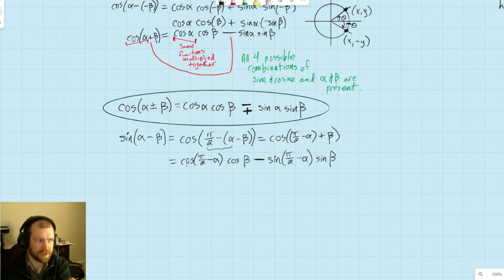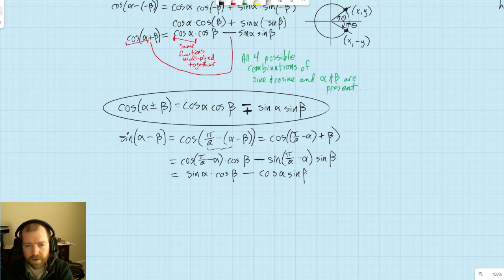And again, we use the cofunction identity to say that the cosine of pi over 2 minus alpha is just the sine of alpha times the cosine of beta minus sine of pi over 2 minus alpha, which is the cosine of alpha, times the sine of beta.